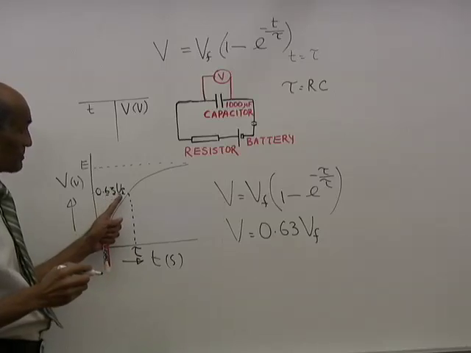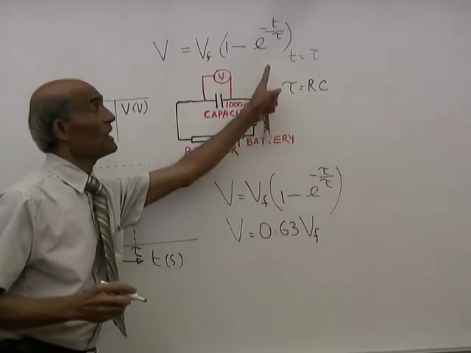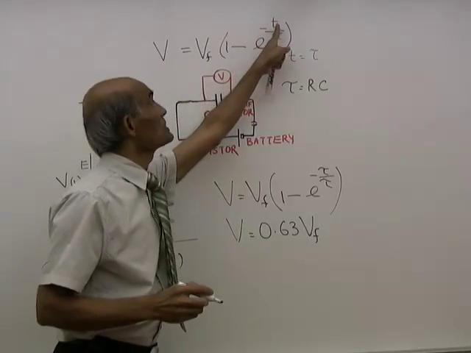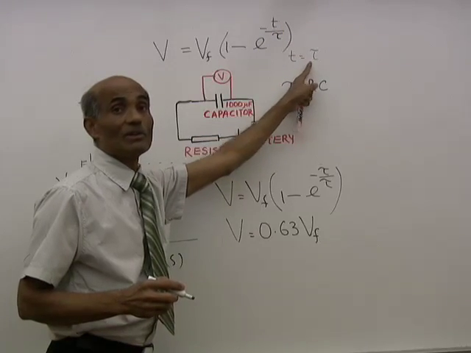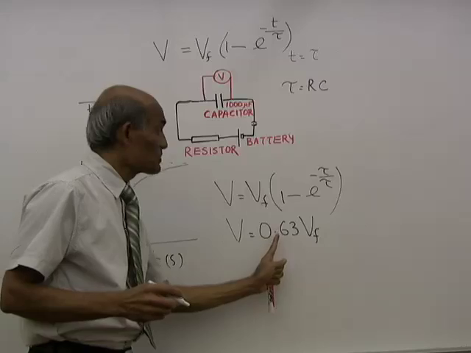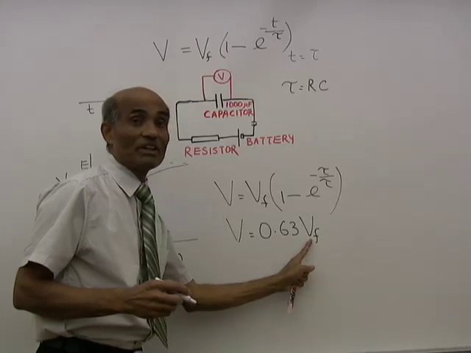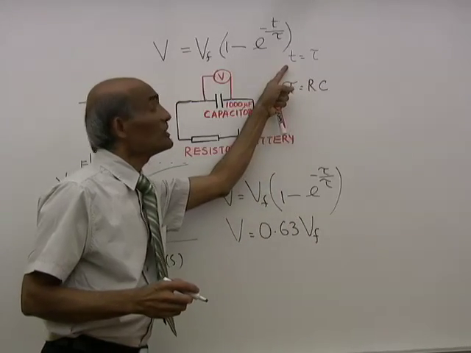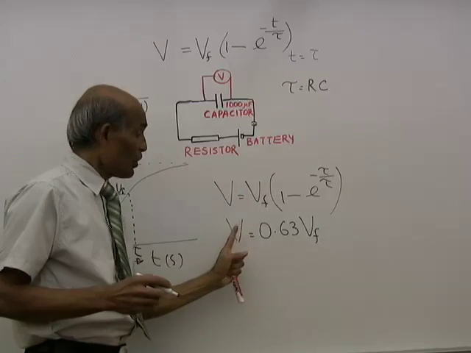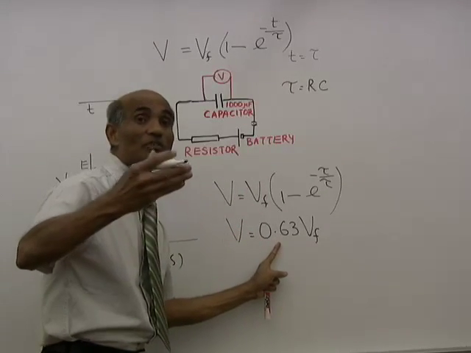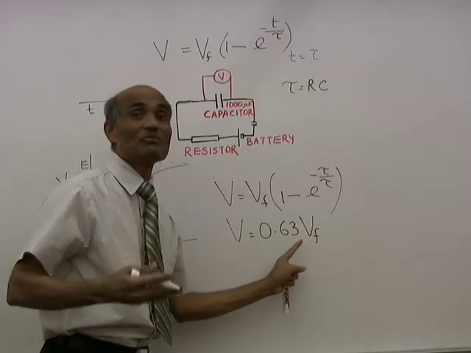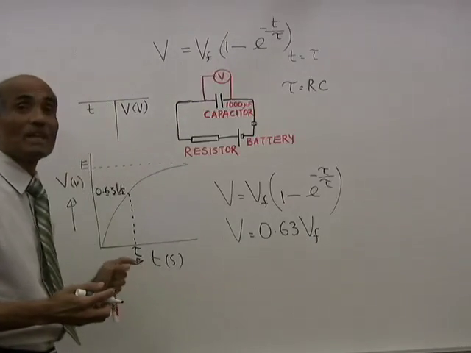Alright, I'm going to explain that one more time. According to our definition, when this t equal to tau, then V equal to 0.63 Vf. In other words, this tau is the time taken for the voltage across the capacitor to become 0.63 of the maximum voltage, 0.63 of the EMF.